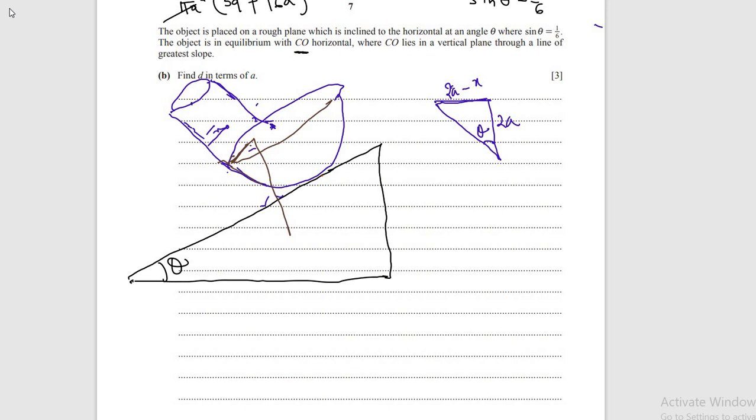This one is already tangential with the sphere. This is bar X, and everything here is 2A. So the remaining small place here is 2A minus X. Now this side will be parallel to this side.